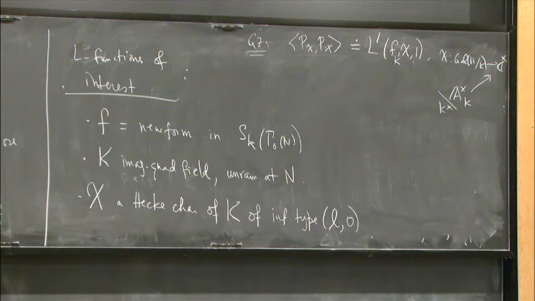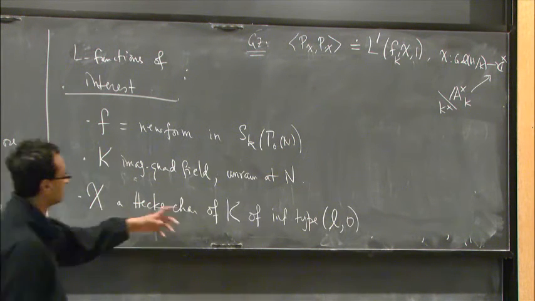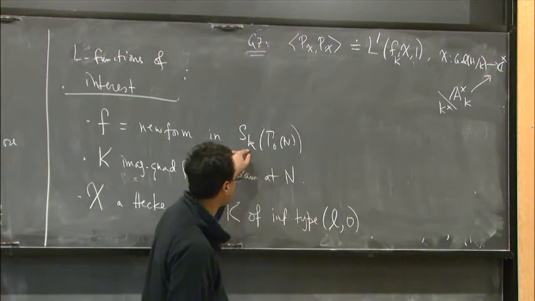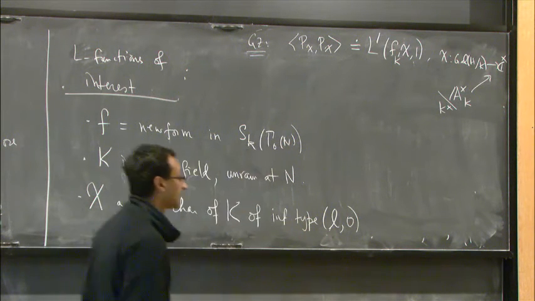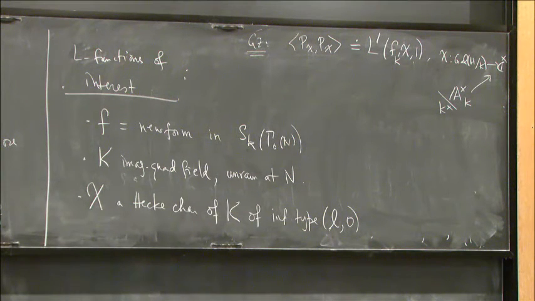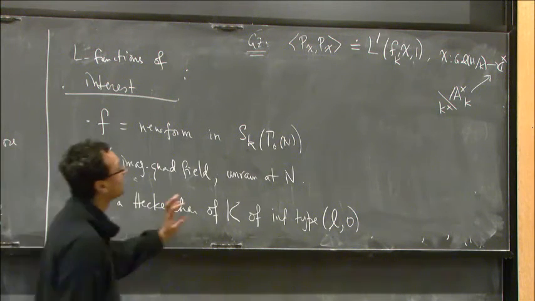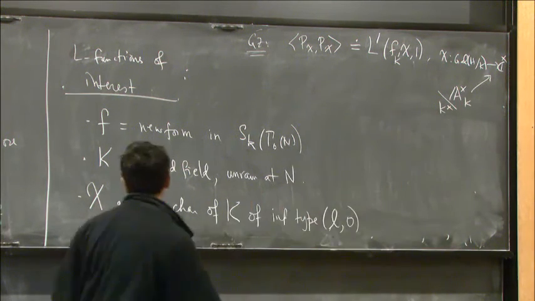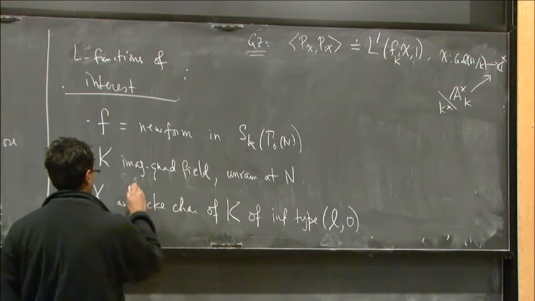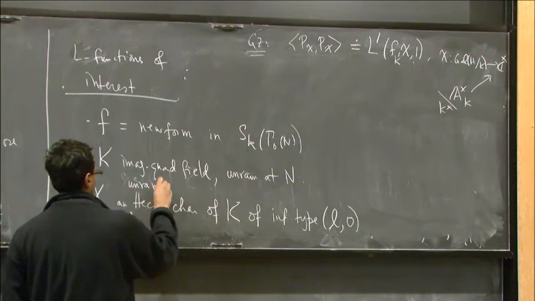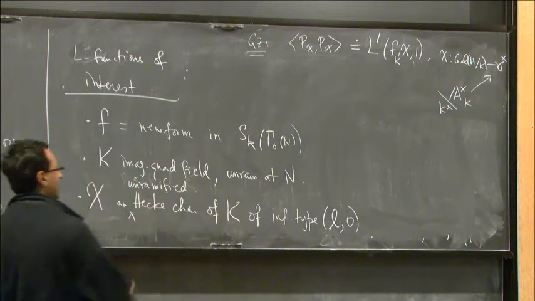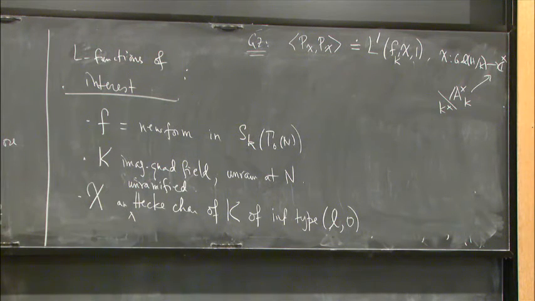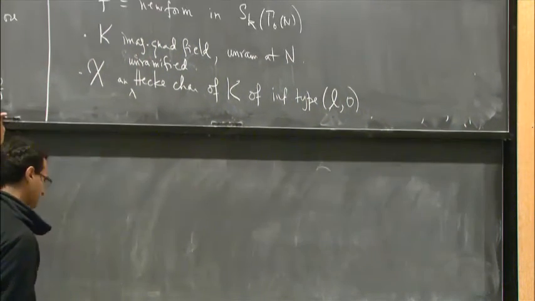So these are the two things that are important, the two sort of invariants I want to look at, the weight k of the form and the infinity type of the Hecke character. All right, and to keep things simple, we looked at unramified characters over there, so we also look at unramified characters over here. Let's say it's an unramified Hecke character.